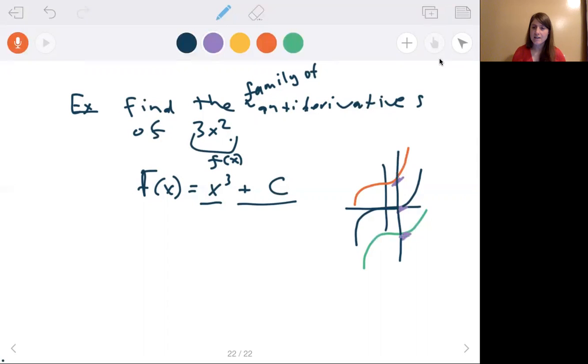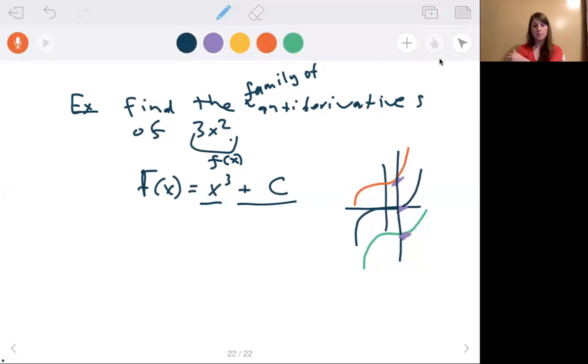But the idea is, if we're going down, the slope is the same. It's just a vertical shift, no horizontal motion, just vertical. And our slope is preserved, just our position up or down is what's changing. So this helps us understand why we have a family. And if I want the one antiderivative, we need more information.